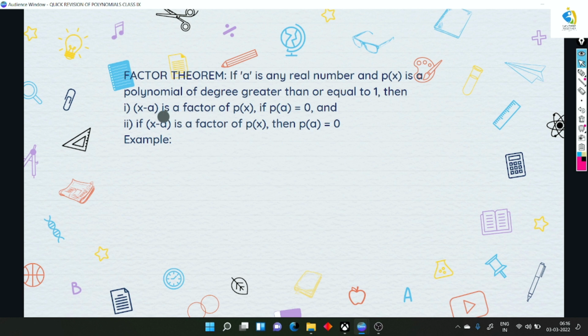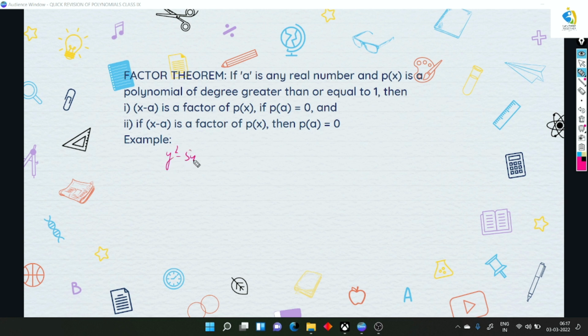Okay, ऊपर वाले में था it was to be found out, it was the conclusion कि x minus a will be the factor if p of a is 0, और यहाँ पे है that if x minus a is a factor, ये already एक factor है, then p of a will be 0. Let's go for the example.